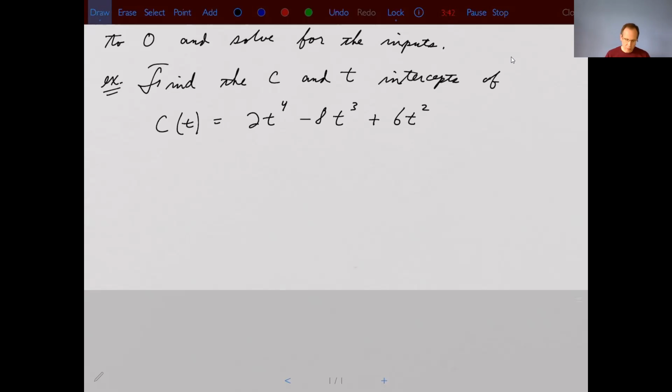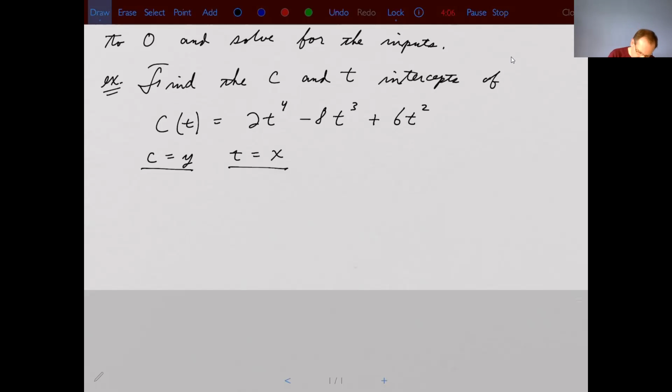Okay, so the c-intercept, I'll do that one first. That's like our vertical intercept, sort of like our y-intercept. Think of the c here as sort of like y, and the t is sort of like our x. We're just giving different names to our variables.